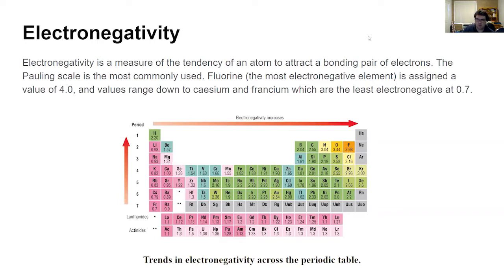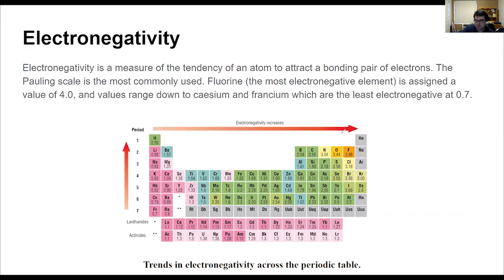Let me turn annotation on. As we move across the periodic table and as we move up towards fluorine, we get more electronegative. If an element is near fluorine or is fluorine itself, it's going to want to take electrons. If it's away from fluorine, it usually wants to give away its electrons.